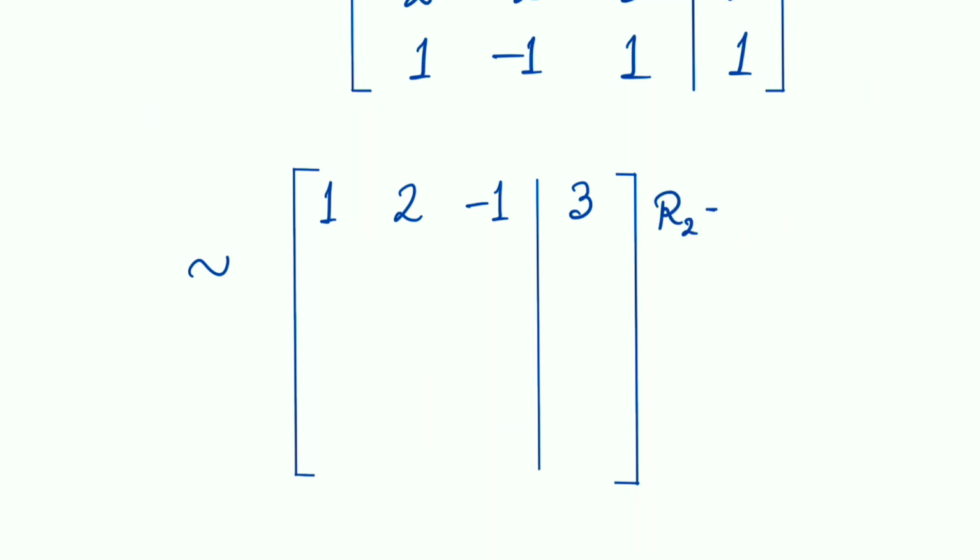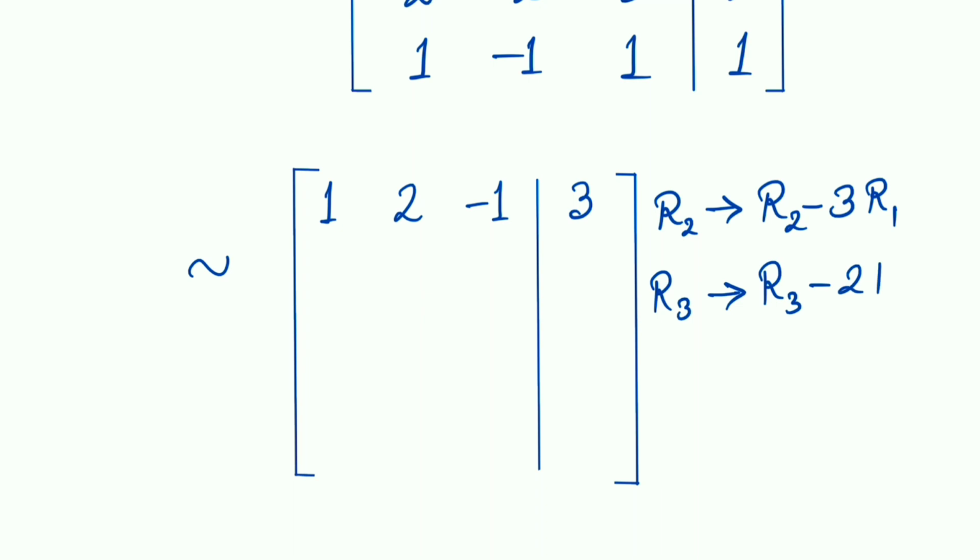Now we will try to reduce this augmented matrix to its echelon form. So we are going to do row operations, and we are trying to make the first column 0. So row 2, what we will do? We will subtract from row 1 by multiplying the row 1 with 3. That is row 2 minus 3 row 1. Row 3, similarly row 3 minus 2 row 1.